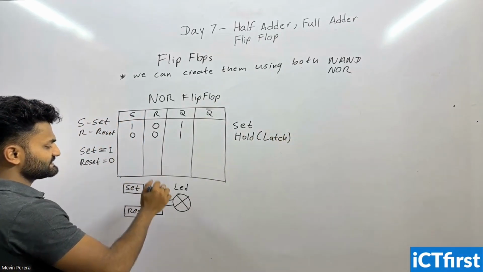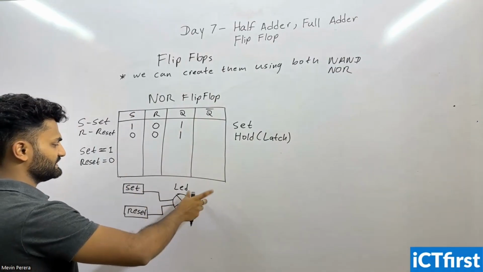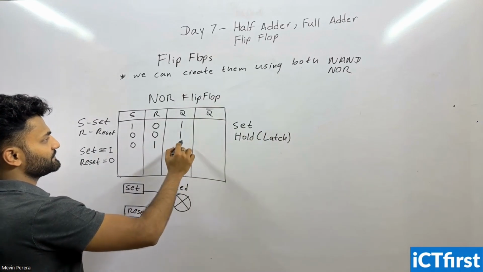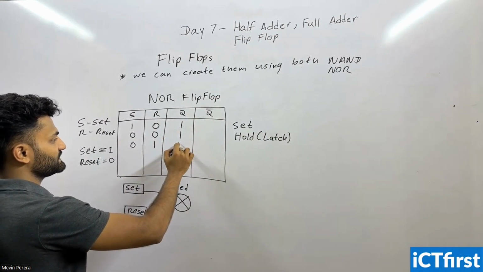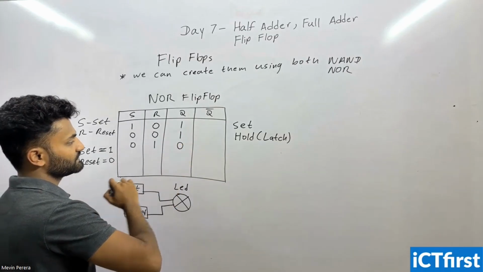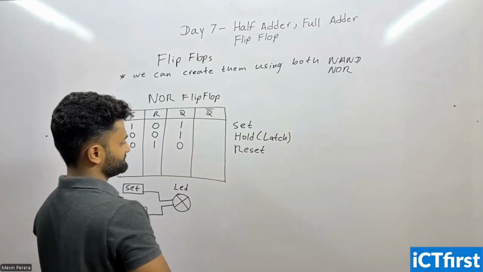Now in the next instance, I'm going to reset it to the initial state, where the LED was off. Now the LED is turning off. So this becomes 0. That is called a reset instance.